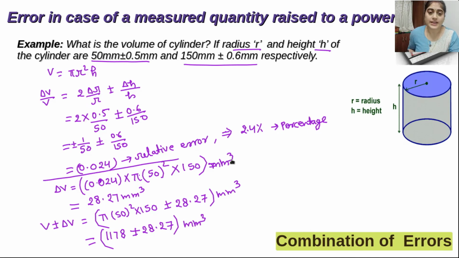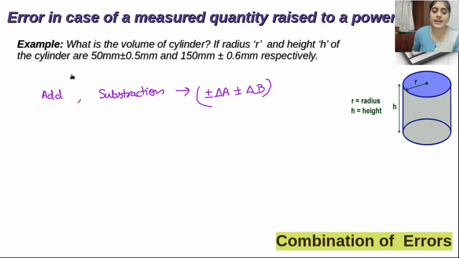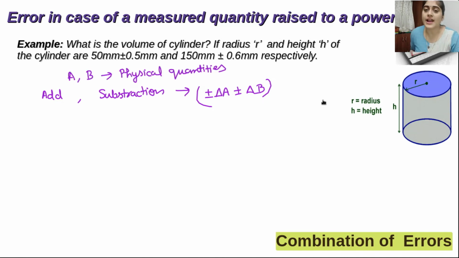So here I have shown you some examples of what happens. Again, I want to revise it. If you have addition or subtraction of two physical quantities, simply you have to add delta A plus delta B. If you have A and B, two physical quantities, you simply add in both cases, whether it is addition or subtraction.